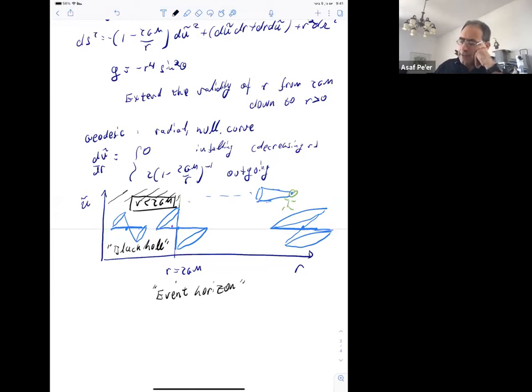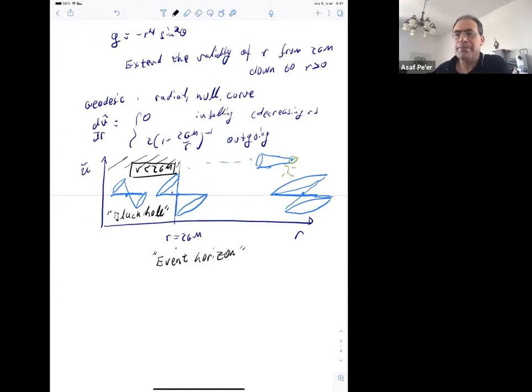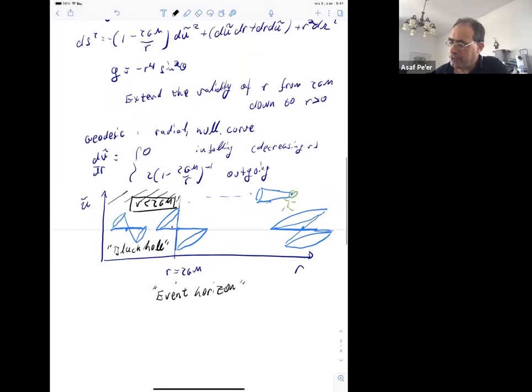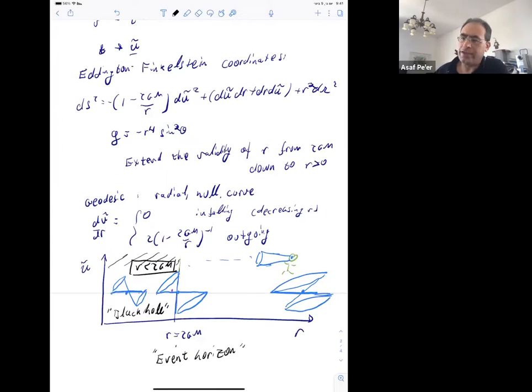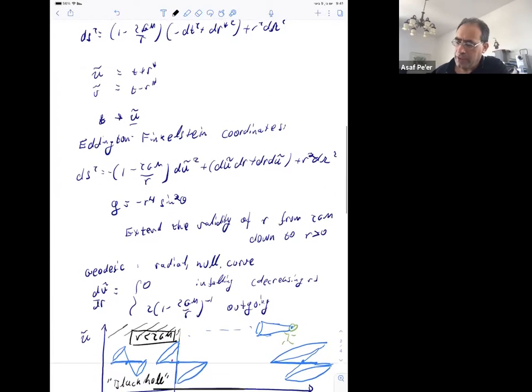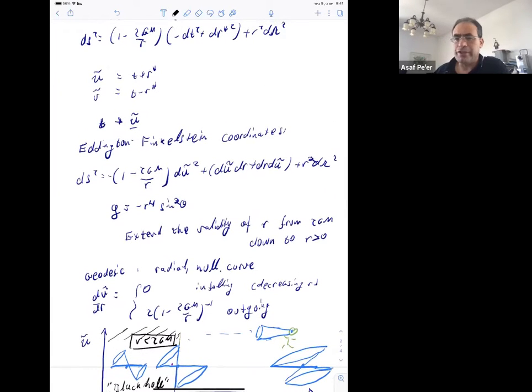But I said that this is not the end of it, because it's actually getting more and more interesting. When we constructed the Eddington-Finkelstein coordinates, we essentially did some mathematical manipulations. One of those was to replace the time coordinate t with u tilde, which is especially fitted for an infalling particle.